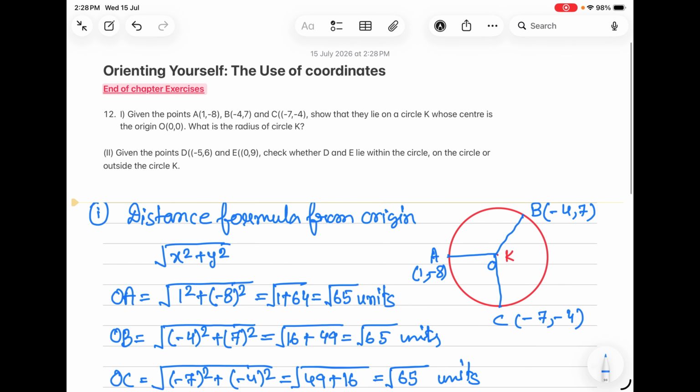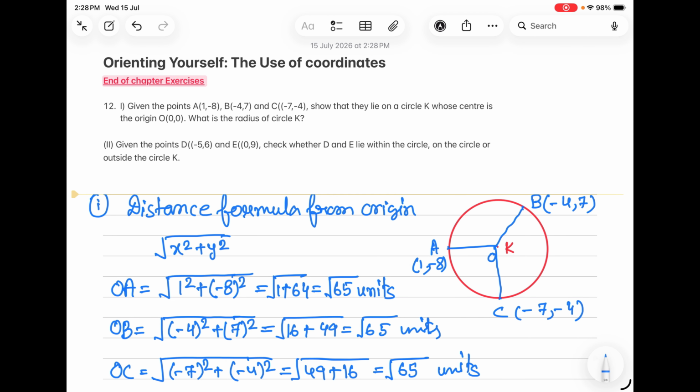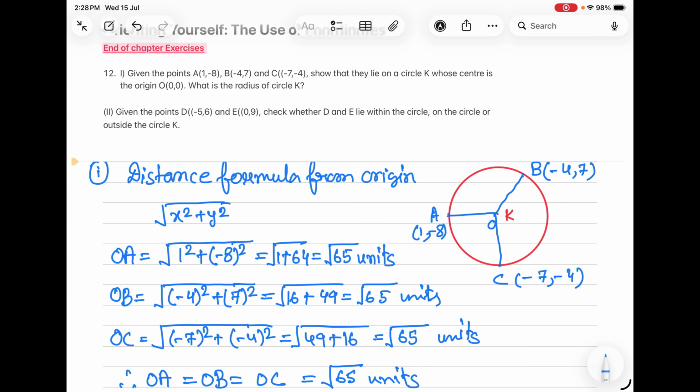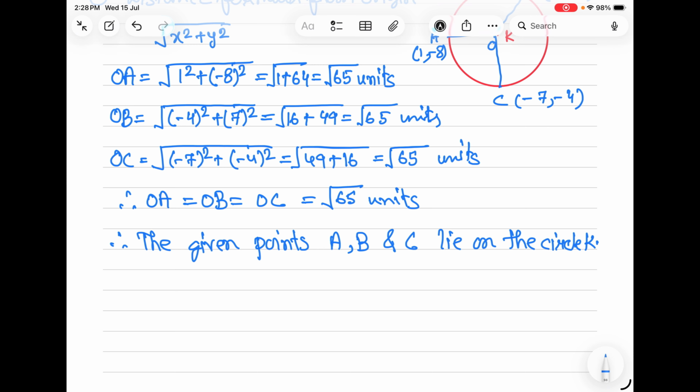And another thing is, what is the radius of the circle K? See, OA, OB, OC are actually the radius of the circle, correct? So simply write the value of OA, OB or OC, any of them. The radius of circle K is square root of 65 units.